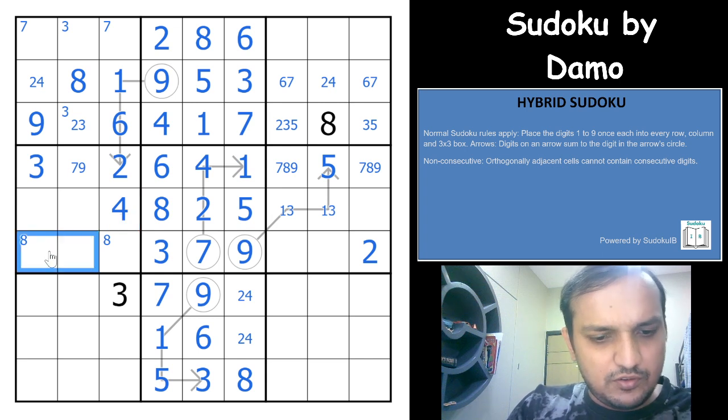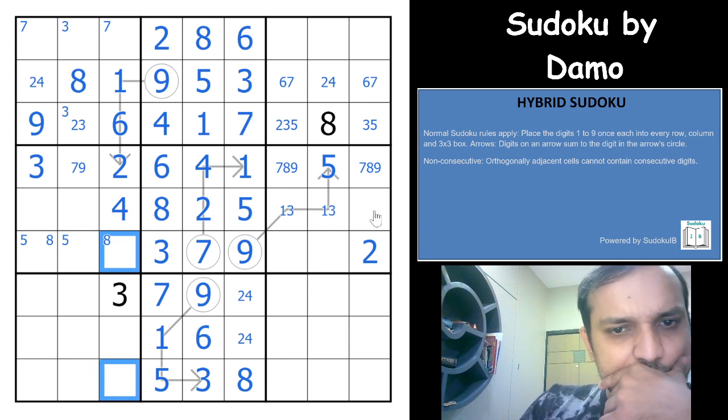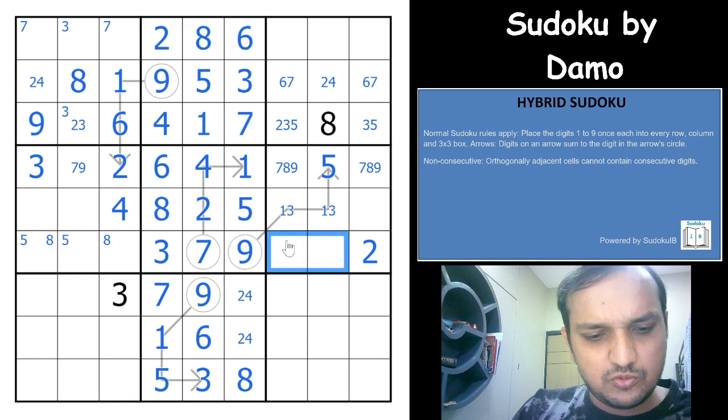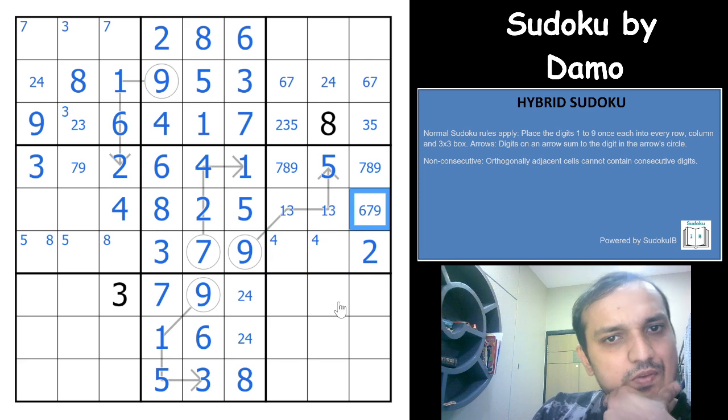That gives you 5 in one of these two cells. 5 cannot be here, 5 cannot be here. It's not helping much. 4 is in one of these two cells, right? So it is 6, 7 and 9.